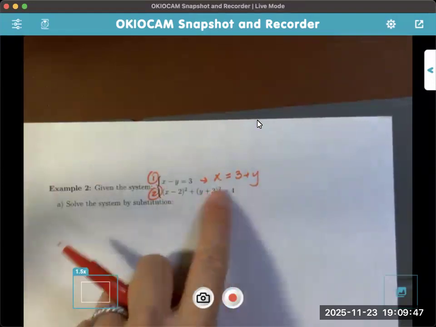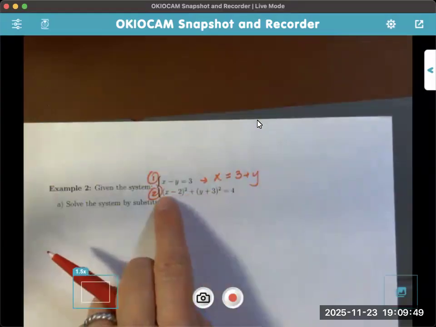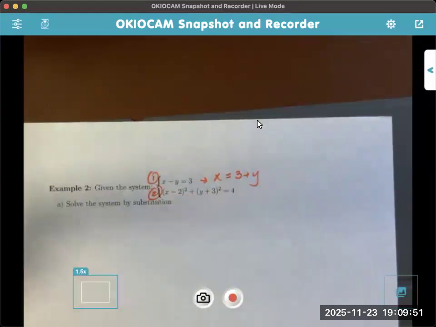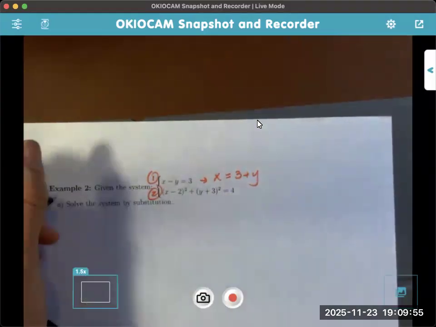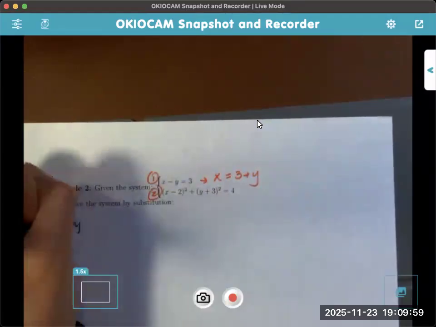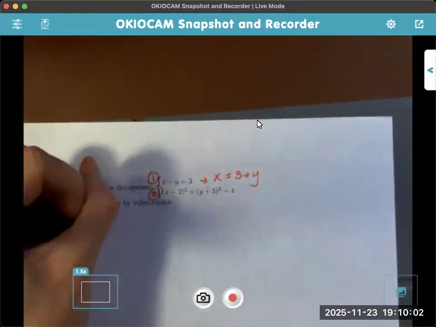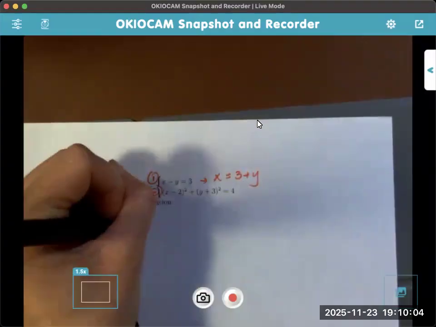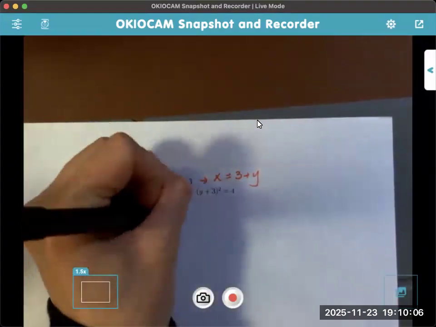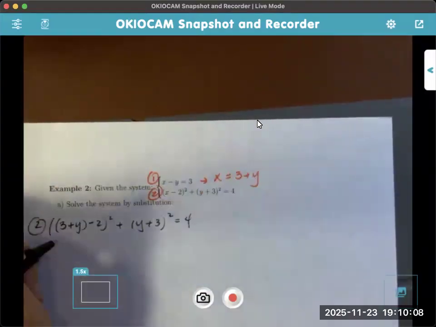And then this time I really am going to substitute in the 3 plus y in for x. So equation 2, I have 3 plus y minus 2 quantity squared plus y plus 3 quantity squared equals 4.